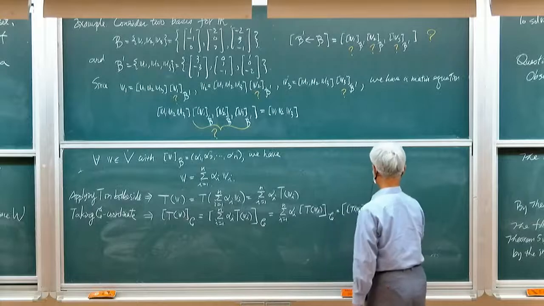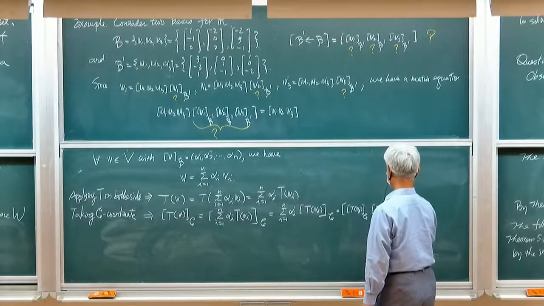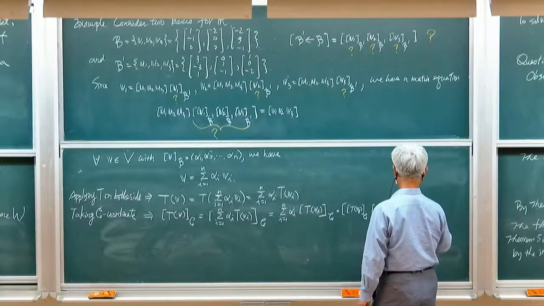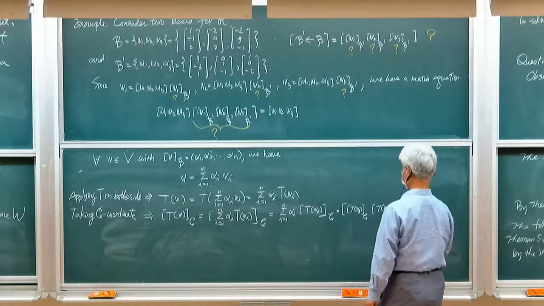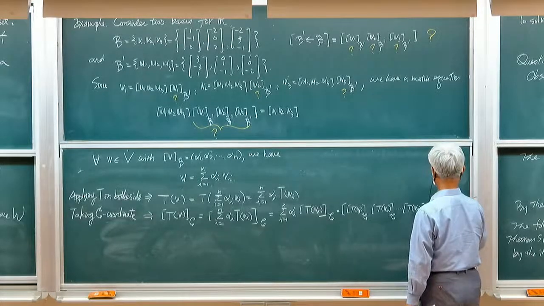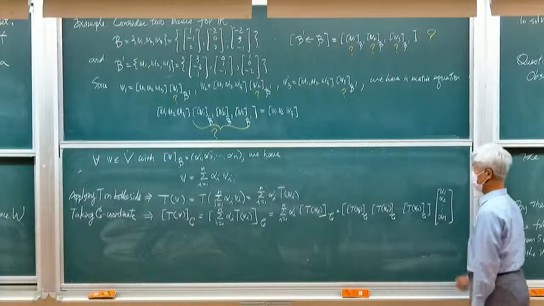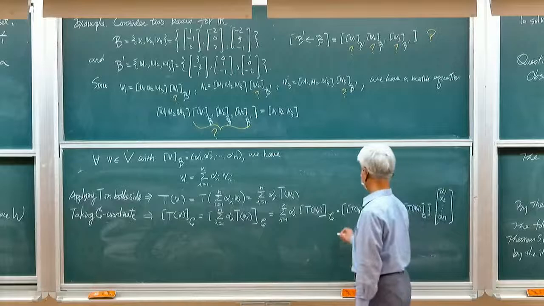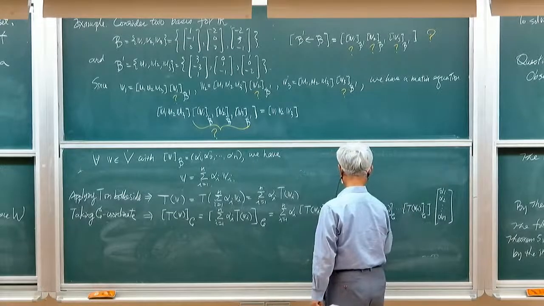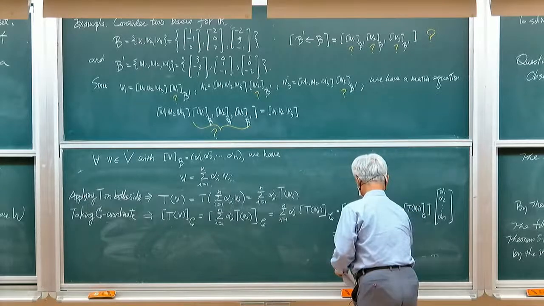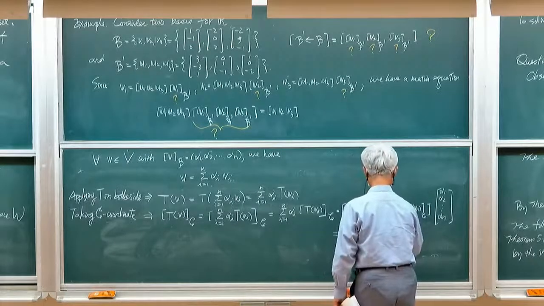The matrix with columns T V1 C, T V2 C, up to T Vn C, right? This matrix, and the alpha 1 and so on, will be denoted as C and V.